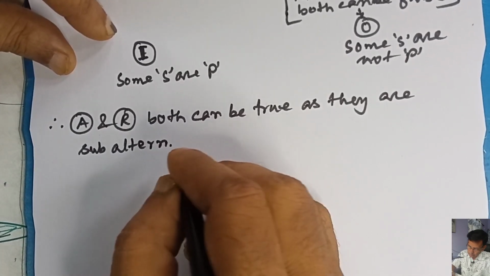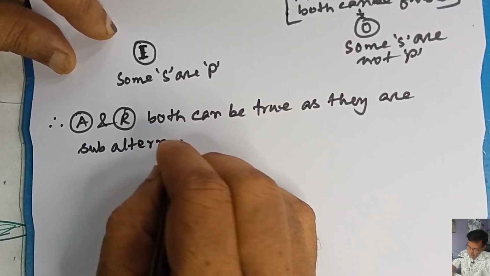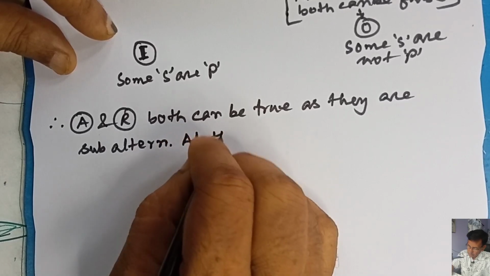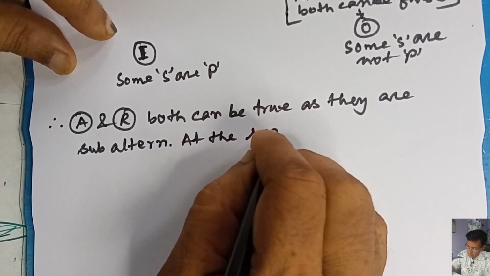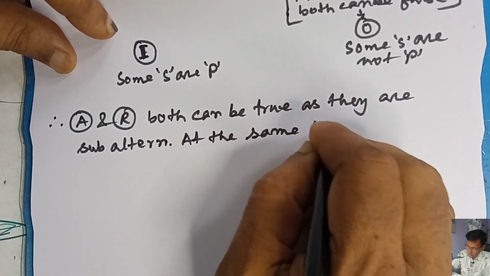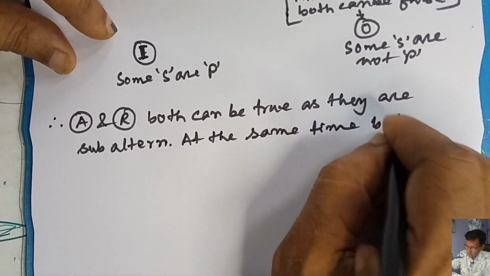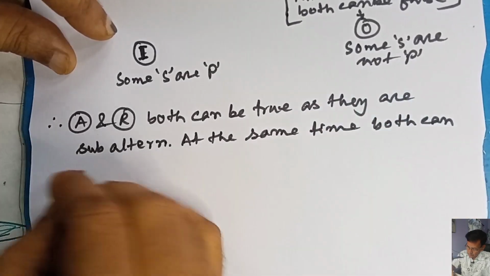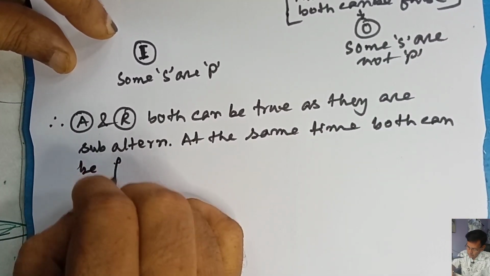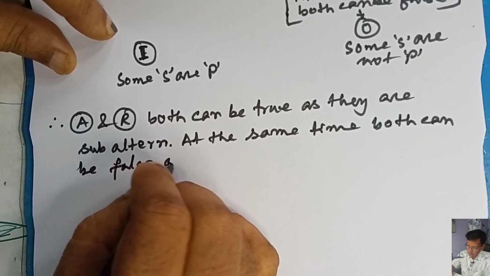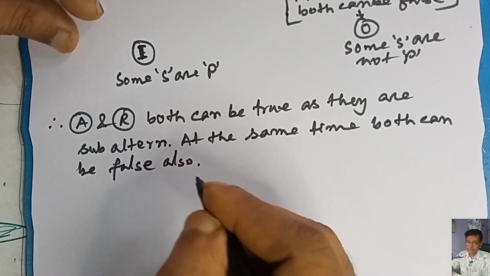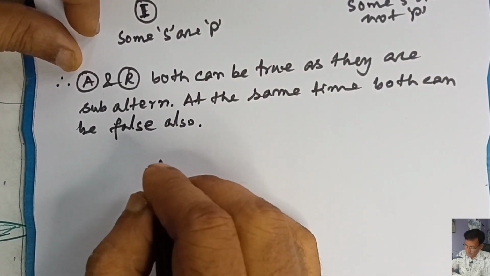At the same time, both can be false also. Therefore, A is correct.